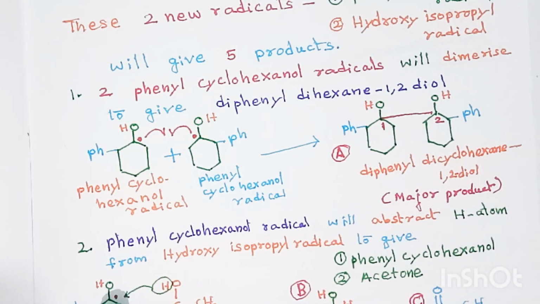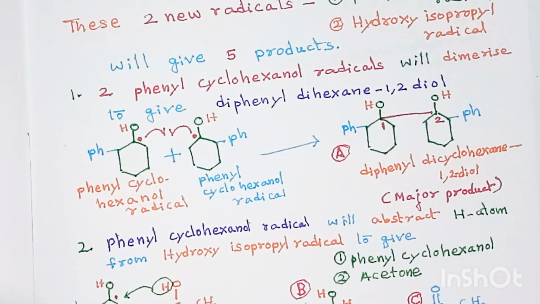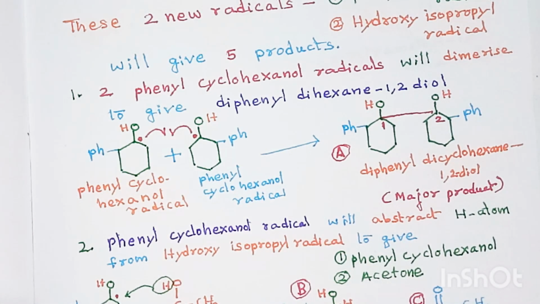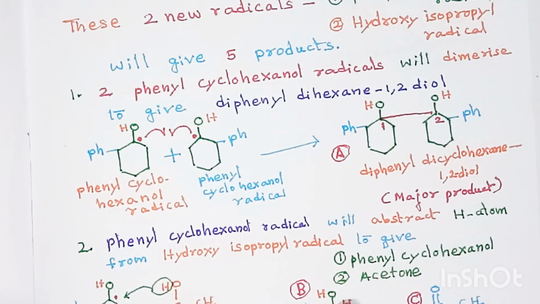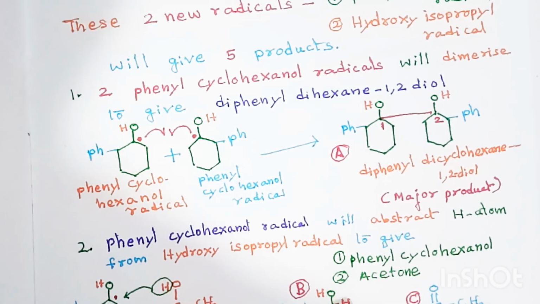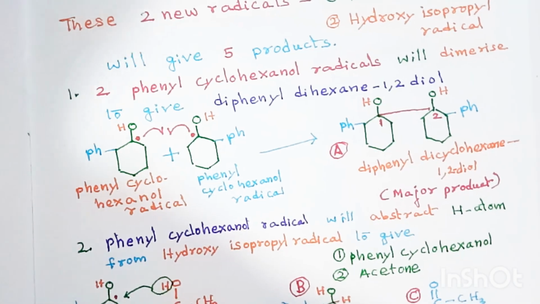This phenyl cyclohexanol radical will abstract a hydrogen atom from the OH group of the hydroxyisopropyl radical, as a result of which it will get saturated by addition of a hydrogen atom. So it becomes phenyl cyclohexanol, that is an alcohol.